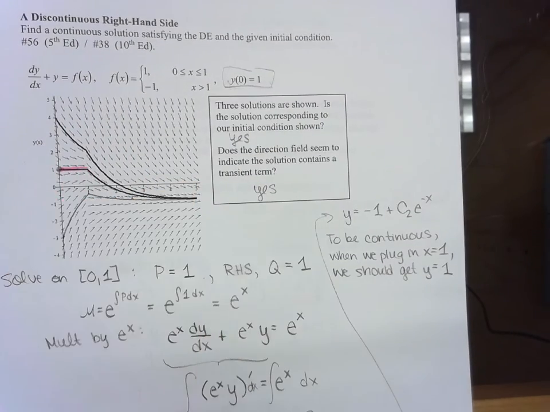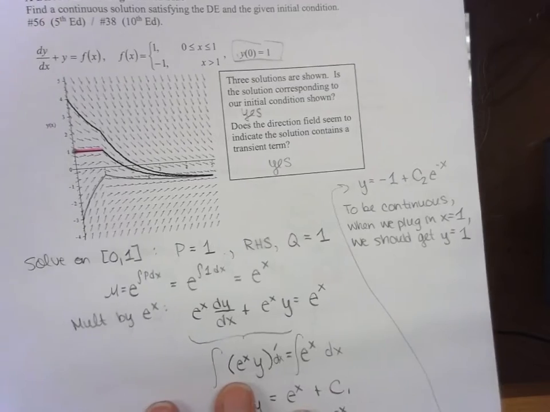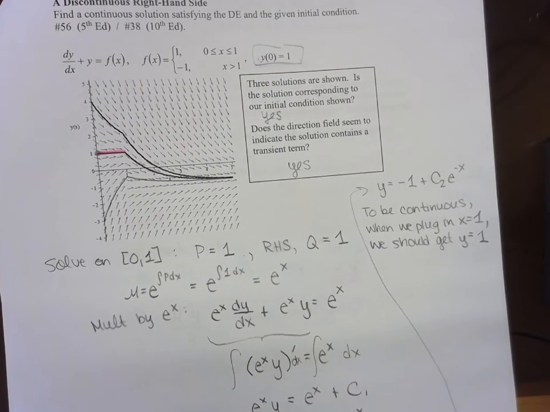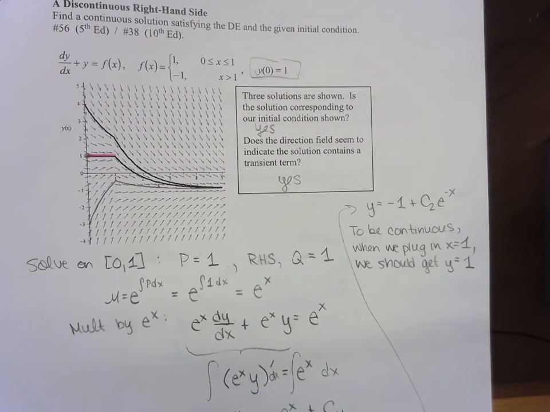Now we're going to make a new piece that is starting at x equals 1 and going to infinity. So at x equals 1, it has to pick up right where the other piece left off, which was the constant function, right? So when x equals 1, I have to meet up with the other piece of the solution I already found.